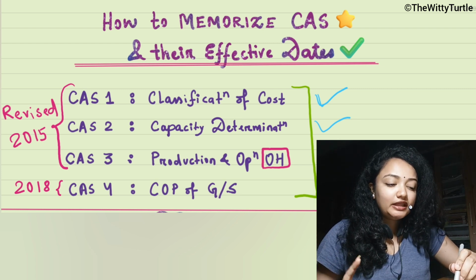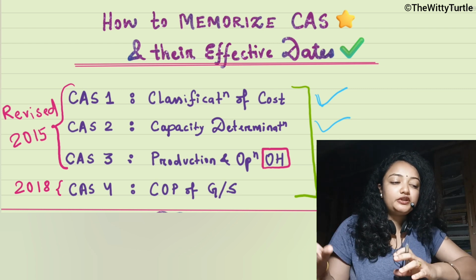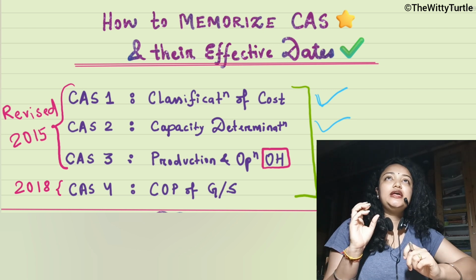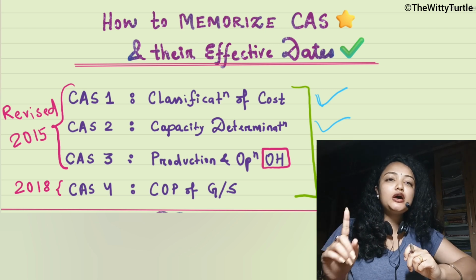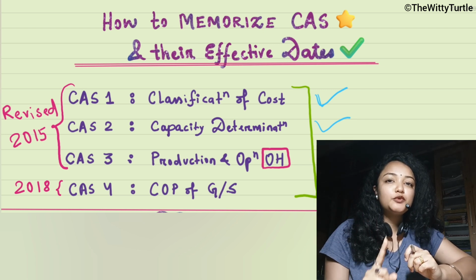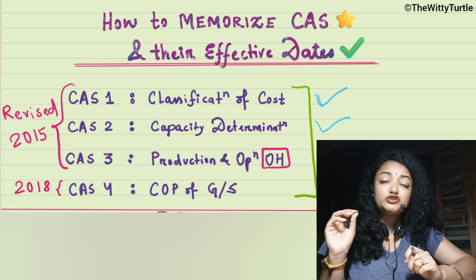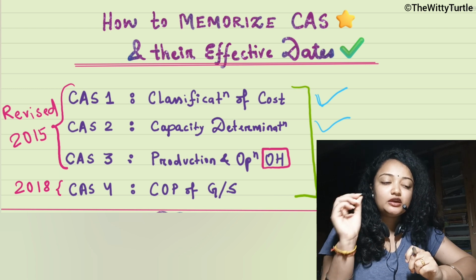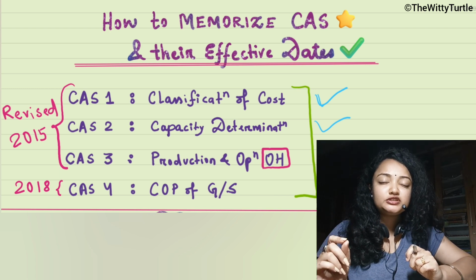Now, coming to the next, which is production and operations overhead. If you remember, in our intermediate we had this cost accounting standard 3, which was named only overheads. Now it is production and operations overhead.